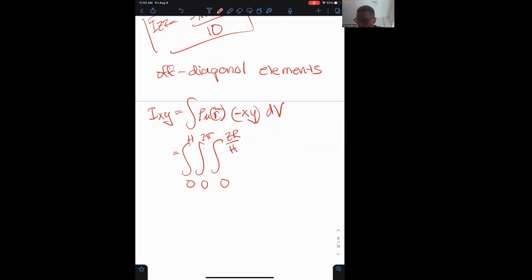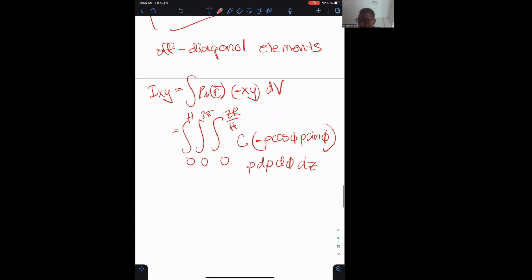We have c, then we have minus xy, which in cylindrical coordinates is going to be minus rho cosine phi times rho sine phi, and then dv is going to be rho d rho d phi dz.